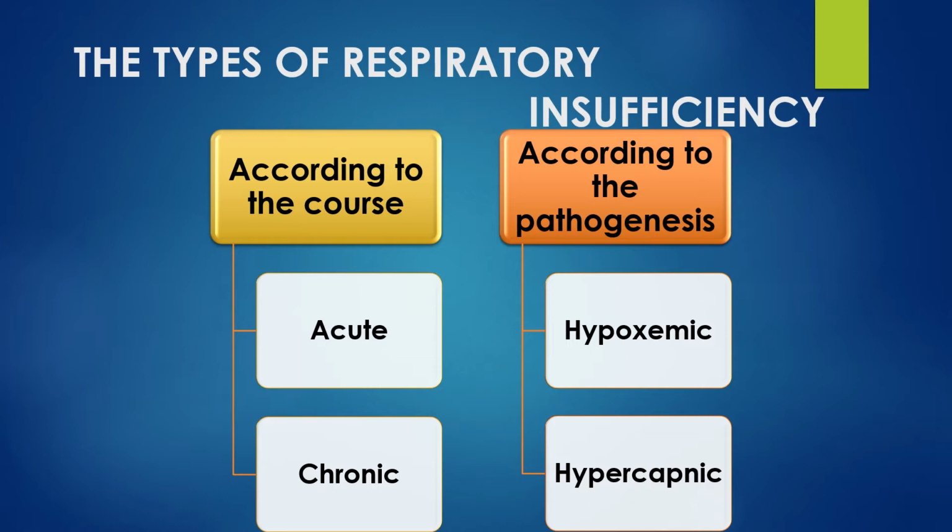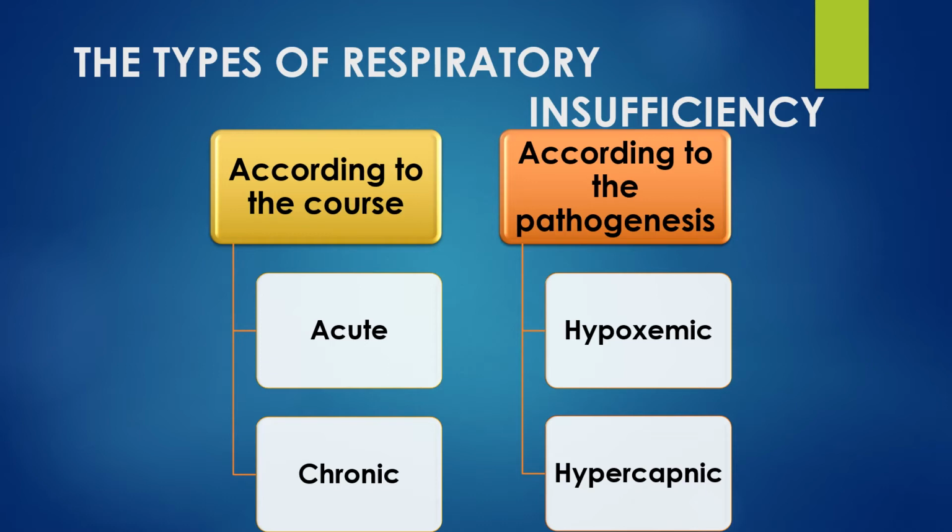The main manifestation of damage to the lung parenchyma, impaired perfusion, and alveolar diffusion is hypoxemia. Hypoxemia is a low oxygen concentration or lowered partial pressure of oxygen in arterial blood. And the main manifestation of airway obstruction, weakening ventilation, is hypercapnia.